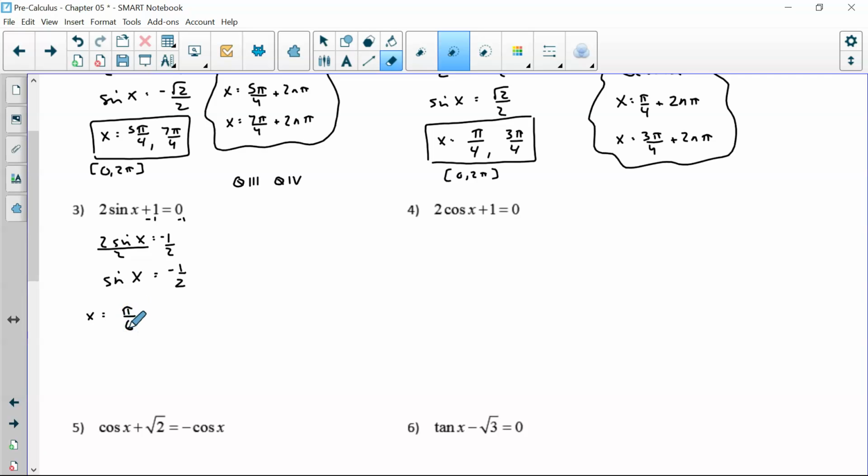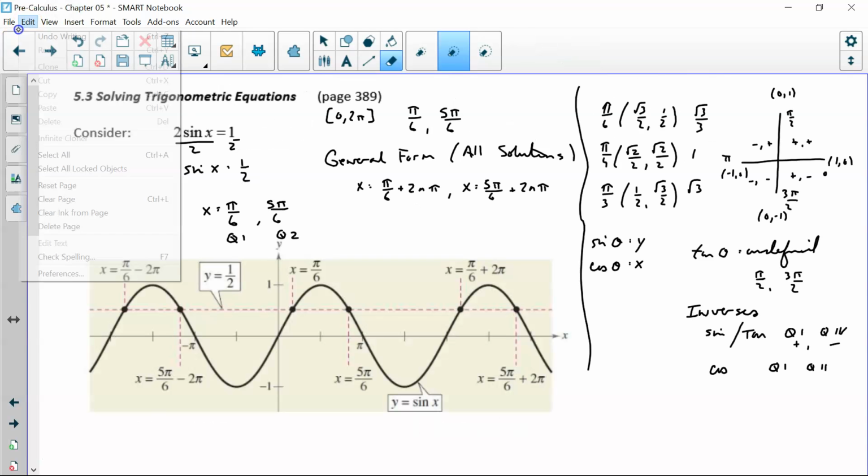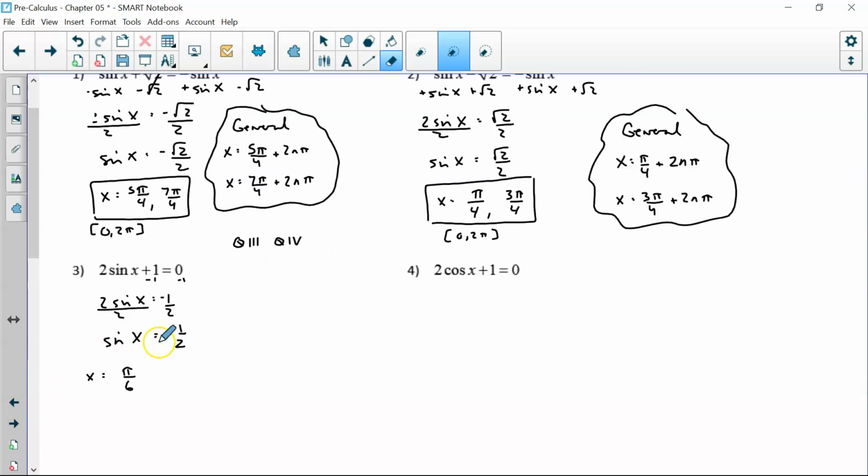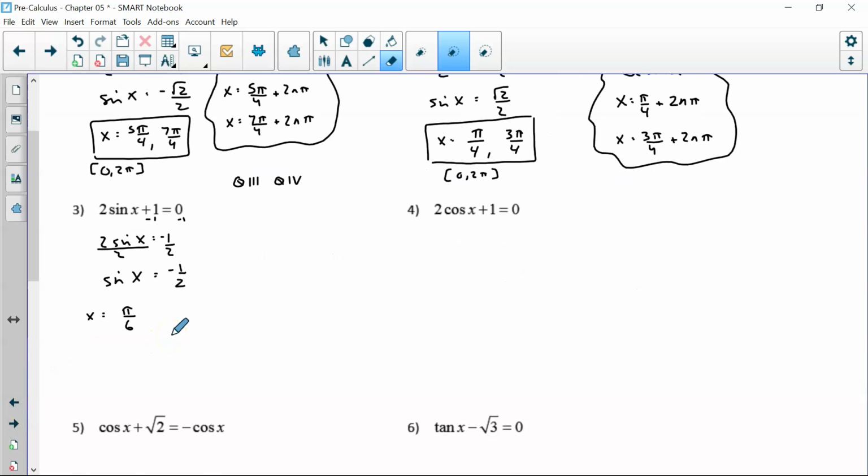Now, I need to know what pi over 6 it would be to get ourselves into quadrant 3. And to get ourselves into quadrant 3, it has to be 7 pi over 6. To get us into quadrant 4, it has to be 11 pi over 6.